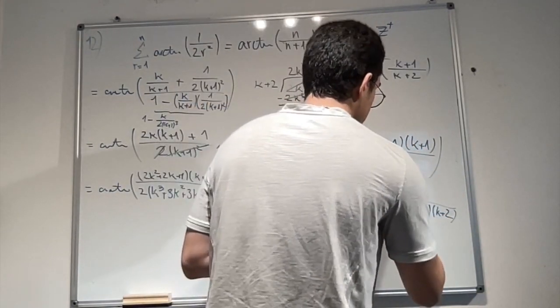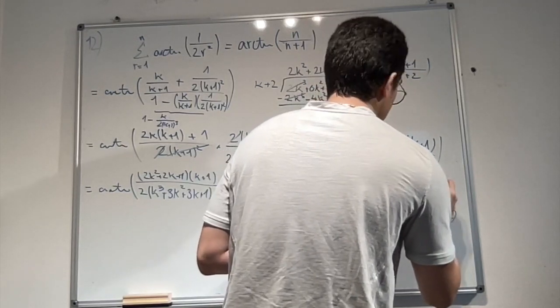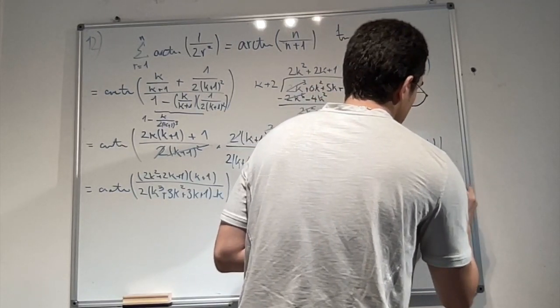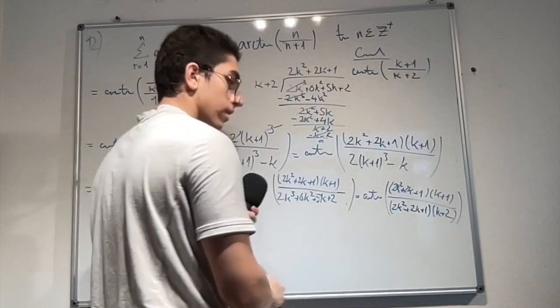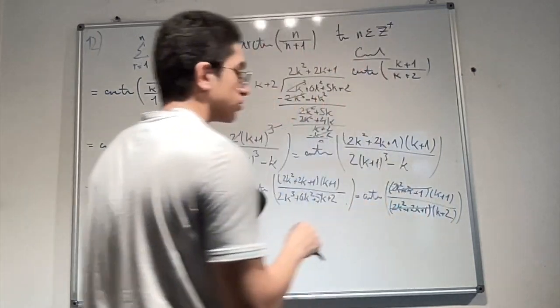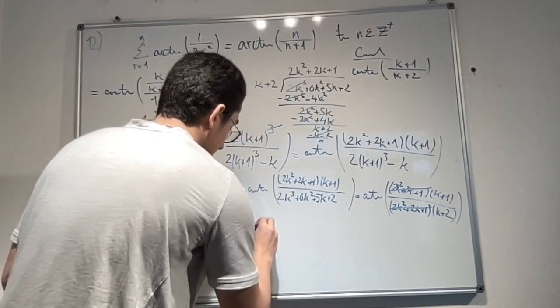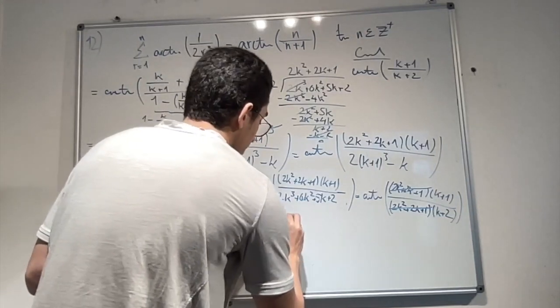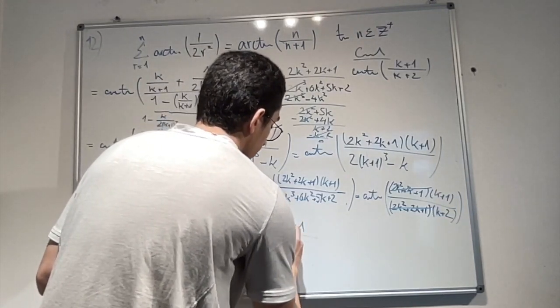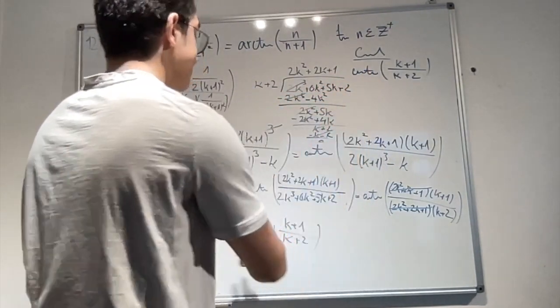Your numerator is 2k squared plus 2k plus 1 times k plus 1. So you can now easily cancel out the 2k squared plus 2k plus 1, and you will be left with k plus 1 over k plus 2, which is what we wanted to find. That was our goal.